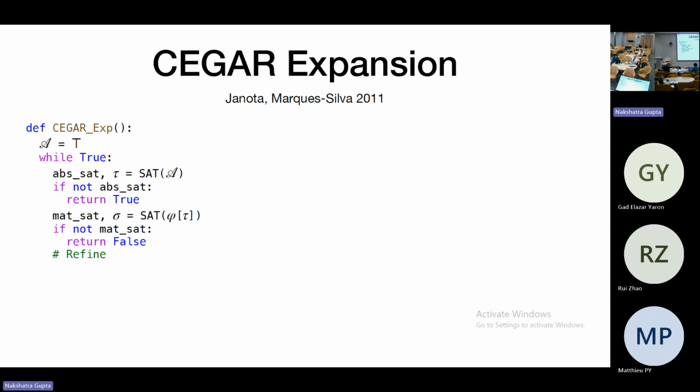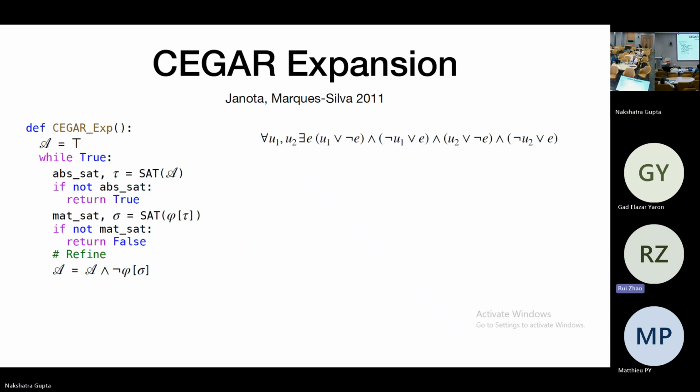And if they can respond, well, then you plug in that assignment of the existential player, the move played by the existential player, into not phi, and add that to your abstraction. Okay, so here's a simple example to end with.